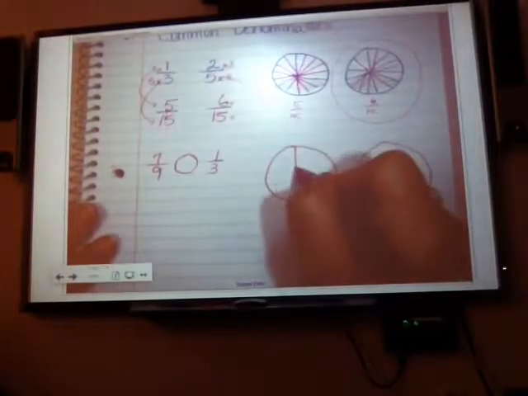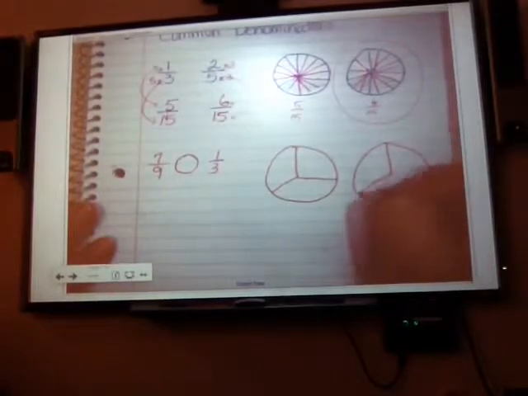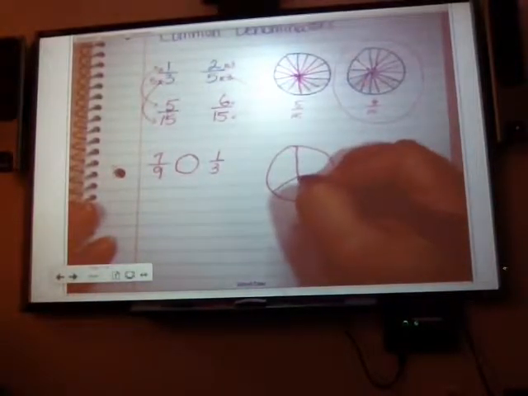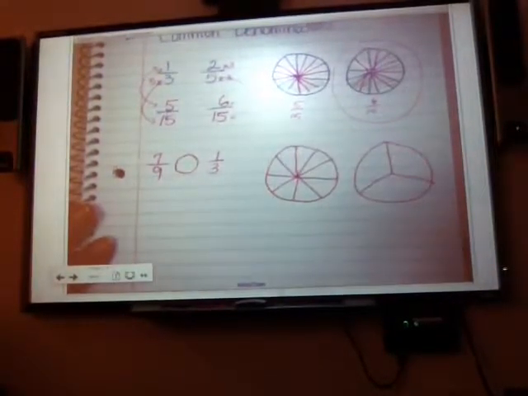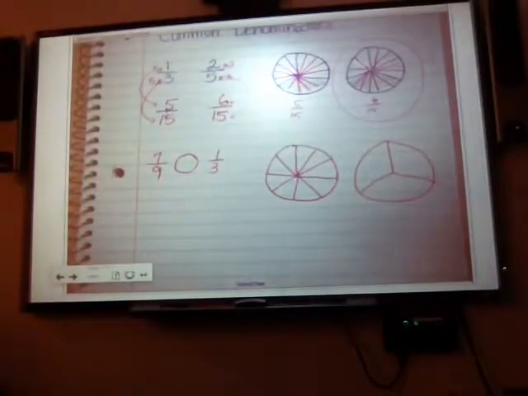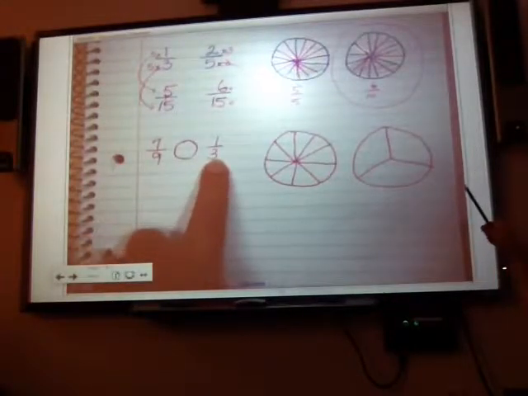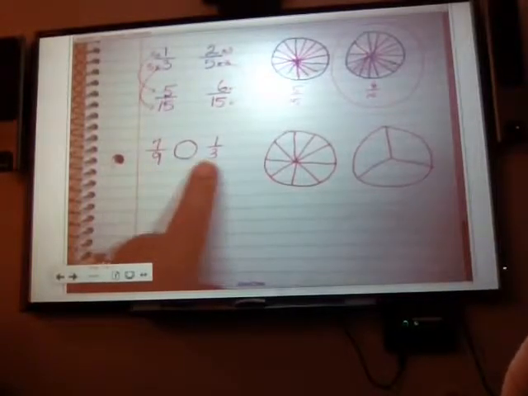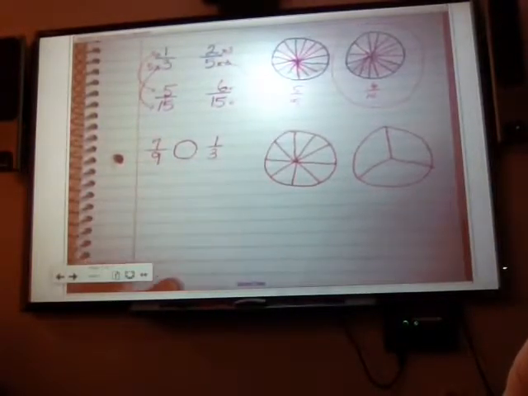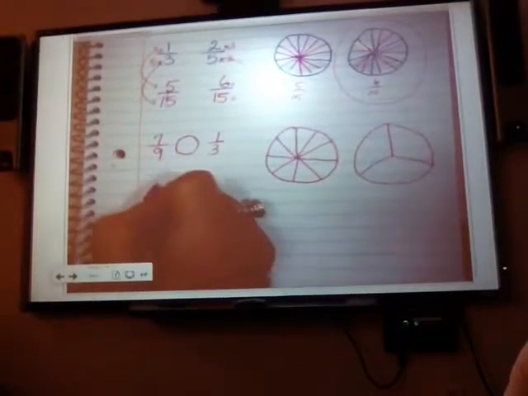You never want to draw and compare because your pieces are not ever going to be exact. Looking at my smaller denominator, can I make my 3 go into a 9? Yes.